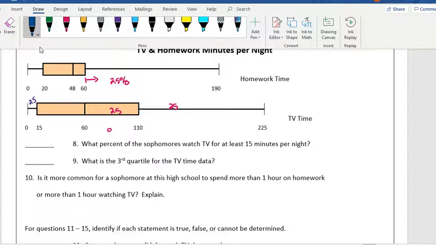So 15 minutes a night is from here and forward. The only thing in front of it is a 25. So you can look at all at 25, 25, 25 is 75, or there's only 25% that didn't watch it at least 15 minutes. What is the third quartile of the TV time watched? Well, there it is, 110.